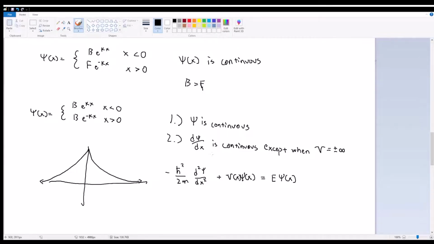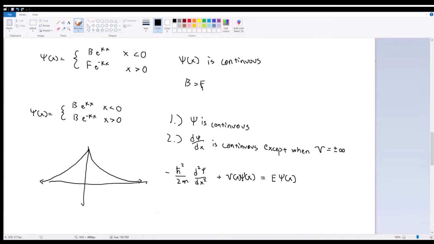Okay, so the way that we prove statement 2 is we start by taking an integral between two arbitrary points, let's call them negative epsilon and positive epsilon, and we want to see what happens as we take the limit where epsilon goes to 0.